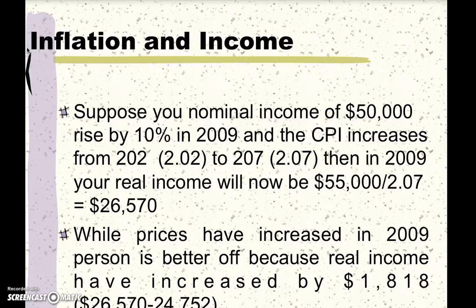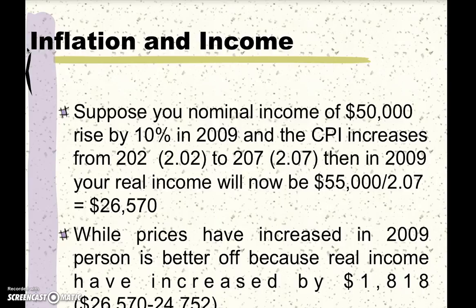Suppose, however, your nominal income of 50,000 rises by 10% and the CPI increases from 2.02 to 2.07. Then what? Your real income will now be 26,570.